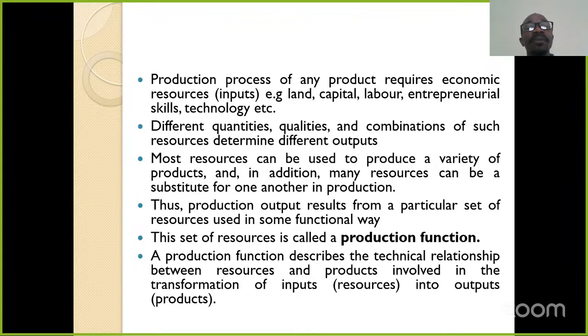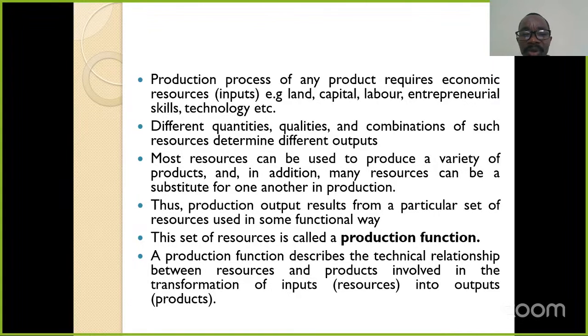For the production process to happen, there has to be some resources or inputs. In economics, we have what we call economic resources, the basic ones being land, capital, labor, and management. When we mix up these things, we transform them into a certain product. That's a production process.